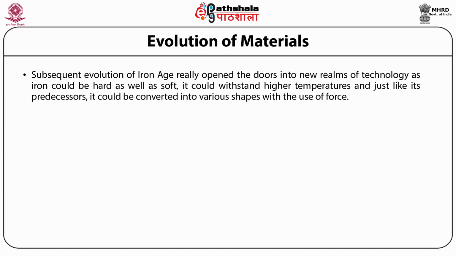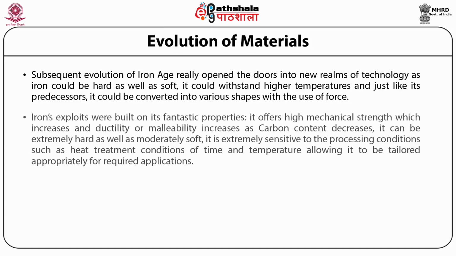It could withstand higher temperatures, and just like its predecessors, it could be converted into various shapes with the use of force. Iron's exploits were built on its fantastic properties. It offers high mechanical strength, which increases, and ductility or malleability increases as carbon content decreases.